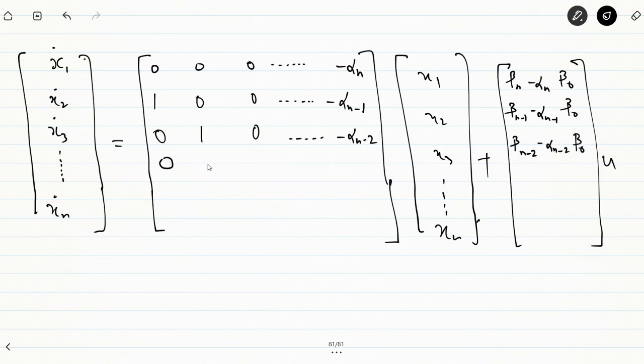Next, what will be here is 0 0 1, and so on up to minus alpha n minus 3 times xn, and here your beta n minus 3 minus alpha n minus 3 beta naught. And so on. What is xn dot?